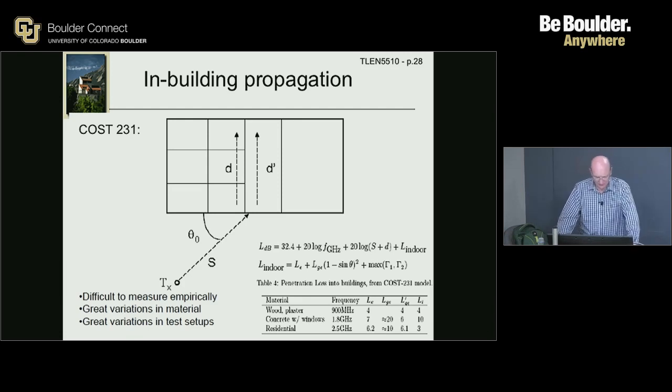And the model is interesting and says that L indoor really depends on a number of things. It depends on the material, so we'll have one constant L sub E there, which is the loss when you really hit that wall with a 90-degree incidence, so straight on.